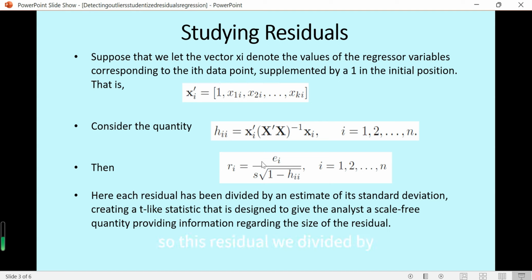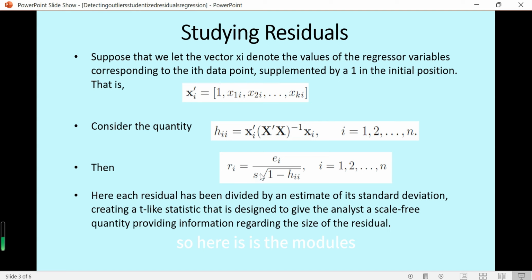This residual we divide by the square root of the variance of this residual. So this part is a standardized residual, right?